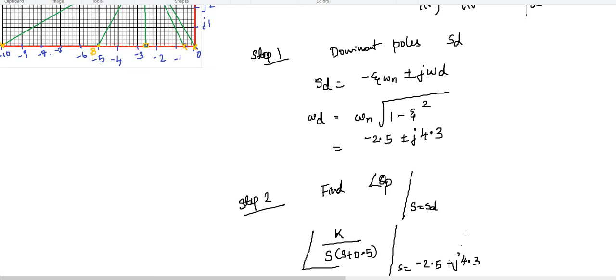If you find the angle, it is approximately 235 degrees.